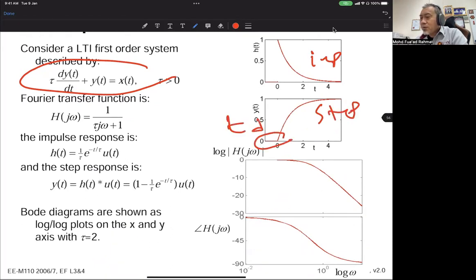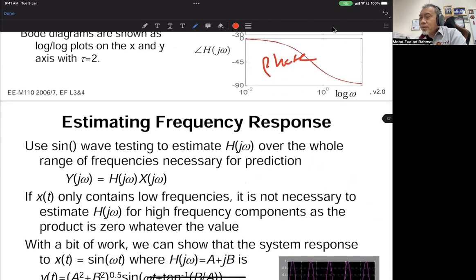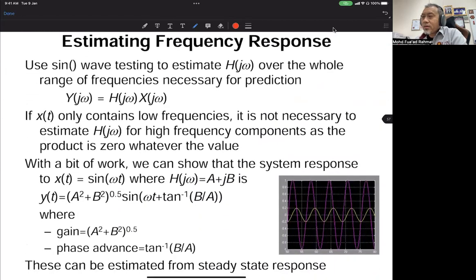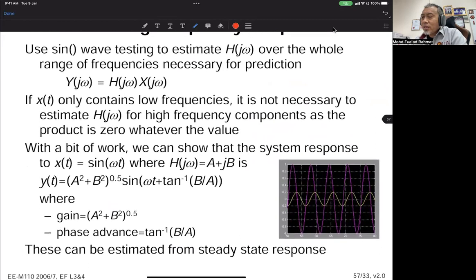And this is the Bode plot, which is the gain and the phase versus log frequency. So we can estimate the frequency response by looking at the magnitude and the phase difference. Okay, so these two are very important, which is the magnitude of V out and V in.